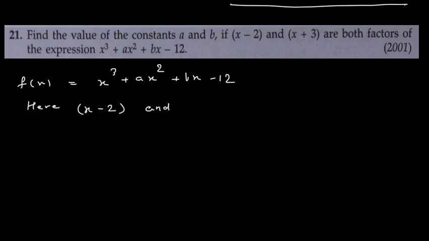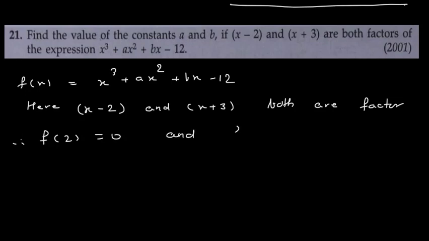So therefore f of 2 is also 0 and f of minus 3 is also 0. So first we will find f of 2. f of 2 is 2 cube plus a into 2 square plus b into 2 minus 12.